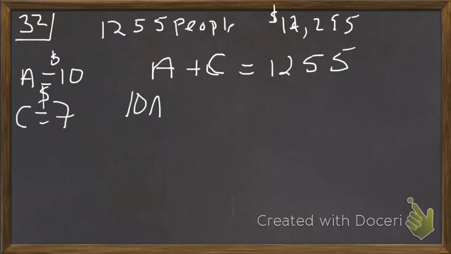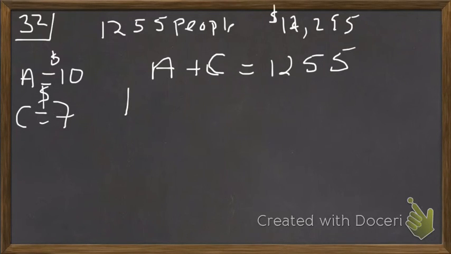Well, every 10 adults plus 7 children would equal $12,295. And if my iPad ever catches up, oh, here we go.